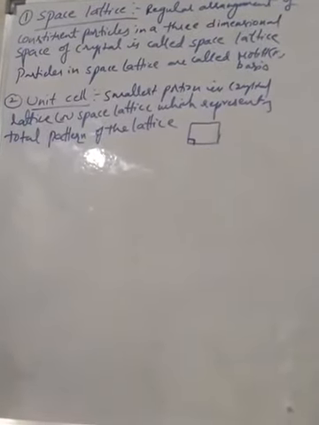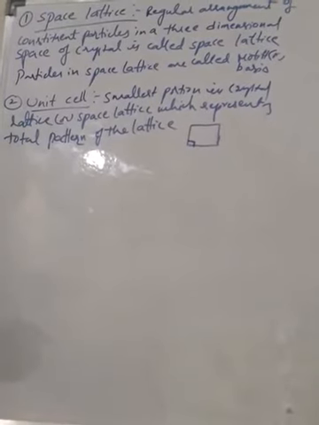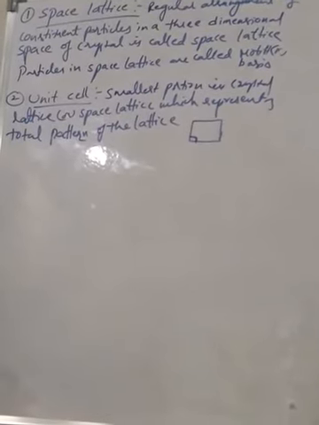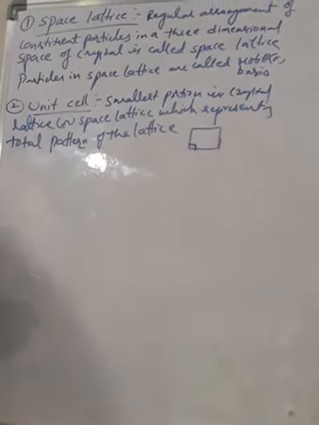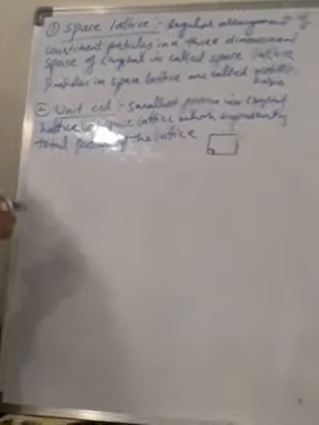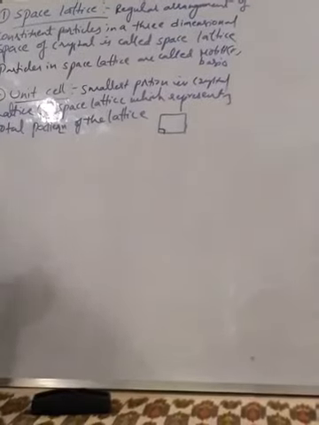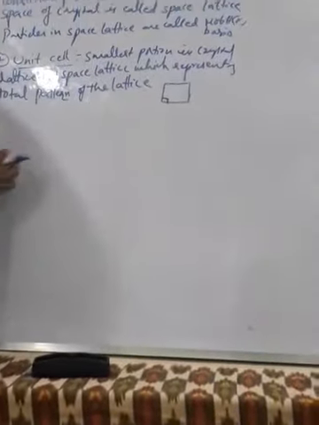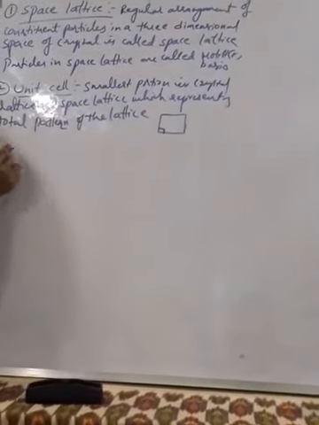Okay, and unit cell that is characterized by 6 parameters. So 3 are axial distances and another 3 are axial angles. Okay, so each and every unit cell that is characterized by 6 parameters.